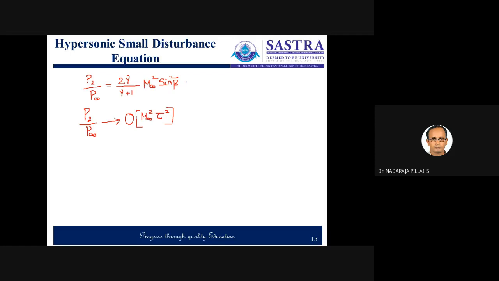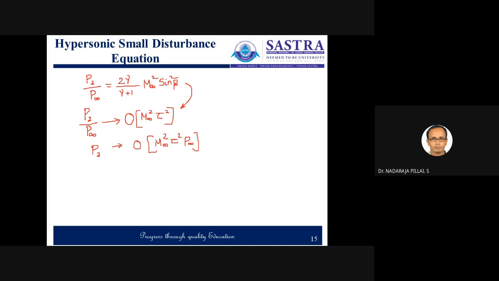So this equation we can write in terms of the slenderness ratio. This implies that the pressure throughout the shock layer over the body will be of the order of P2, which is of the order of M infinity square, tau square, and P infinity.